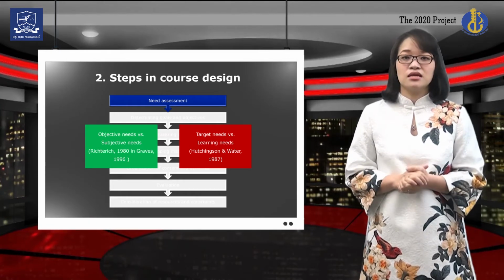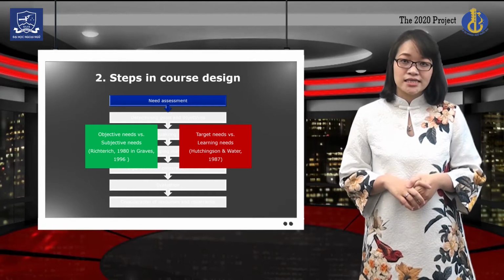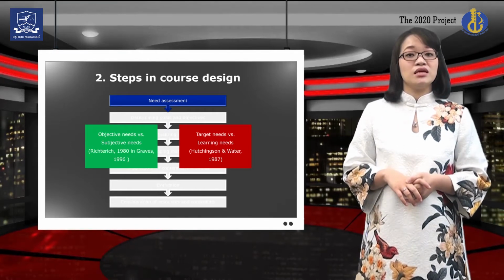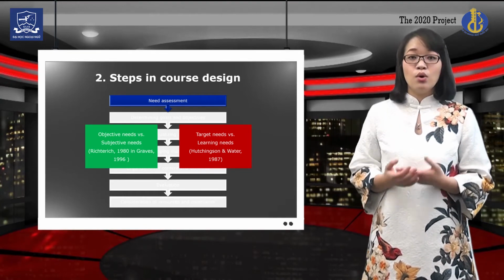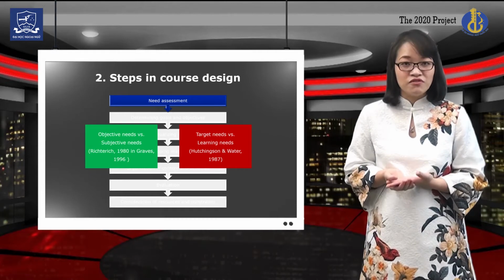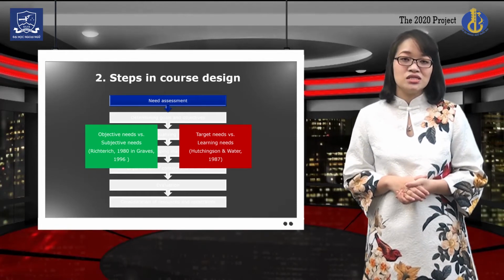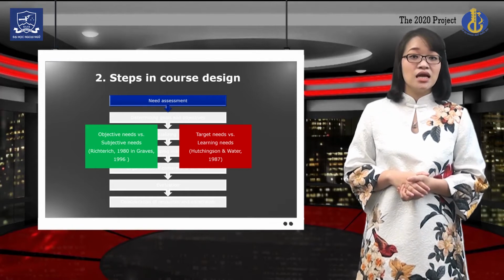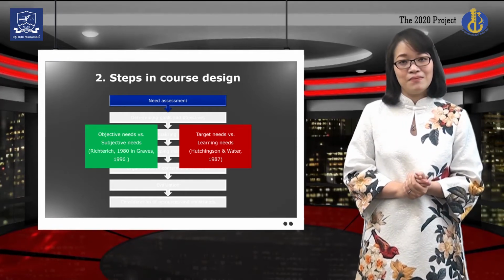So when to conduct needs analysis? Depending on one's context, needs analysis can be conducted in the planning stage, in the teaching stage, or in the re-planning stage when assessment must be modified in some way. Another factor to decide when to assess needs is the teacher's view of the purposes of needs analysis.